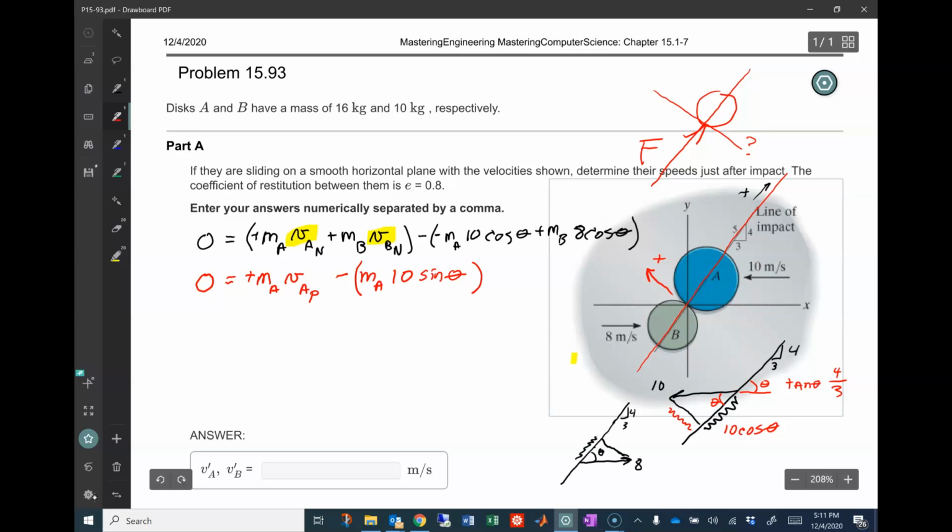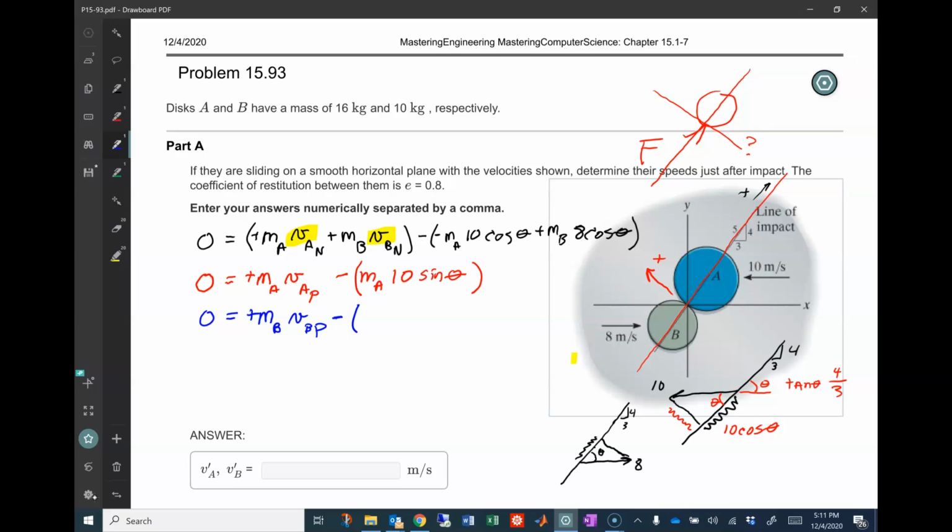Then I'll apply it also for mass B in the plane. I've still got 0 for him. He's equal to the momentum of B in the plane after the collision, so that'll be mB times the speed of B in the plane. I don't know which way he's going, so I think he's going to go in positive, minus, because the formula says initial minus final.